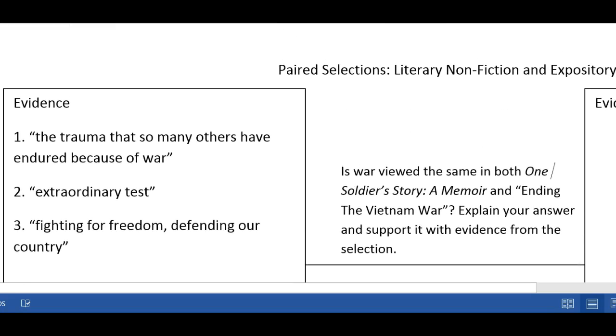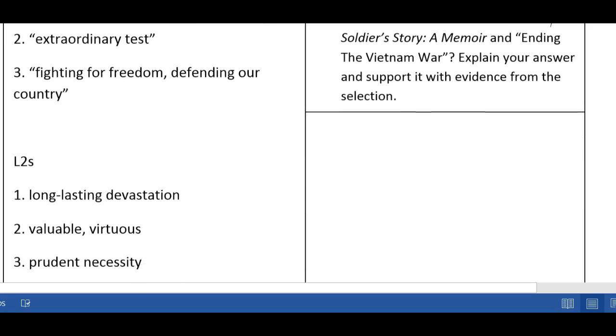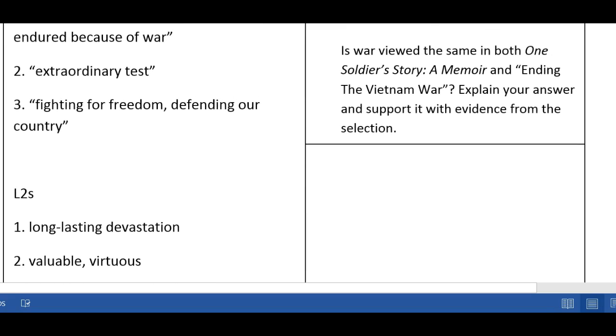Next, I looked at extraordinary test, and we know that extraordinary is something unique, and they're referring to war as a test. So when I thought about those words together, I decided that extraordinary test might be something valuable, something that is virtuous. So I wrote those words for my L2s.